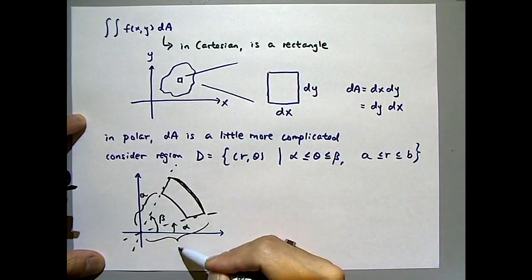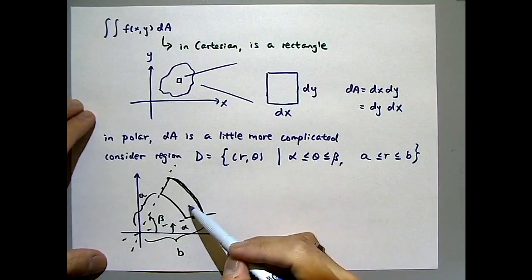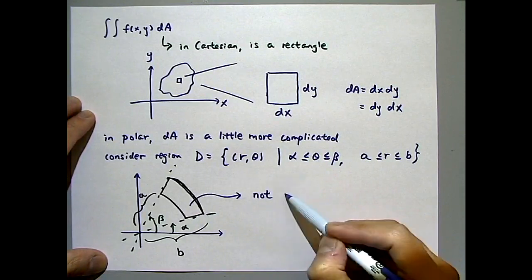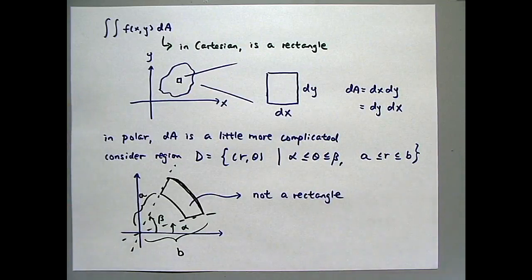So from here to here, let's call that B. You can see that in general, that little area bounded by constants in polar coordinates is a chopped-off, slice-of-pizza kind of shape. You take a slice off and then someone cuts half of it off and you get the crust on the slice of pizza. That's the thing we're dealing with. That's not a rectangle.